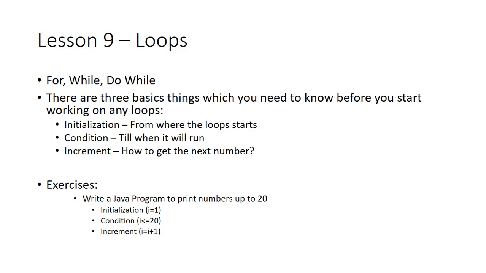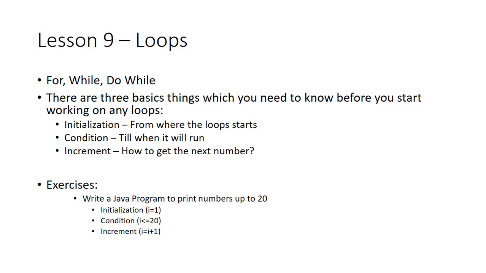Condition is till when your loop will run. So your loop will run up till it is 20. And what is the increment? If you want to print 1, 2, 3, 4, 5, 6, 7, 8, 9, 10, the difference between the first number and the second number is that you are increasing the number by 1. So that is the increment.